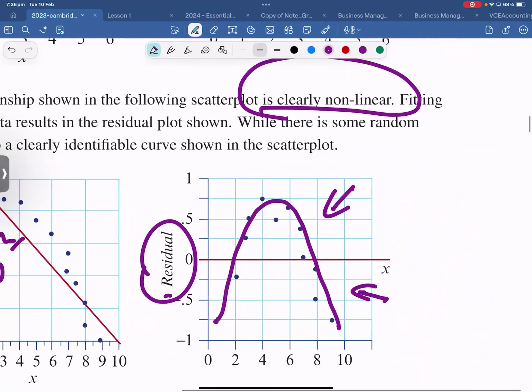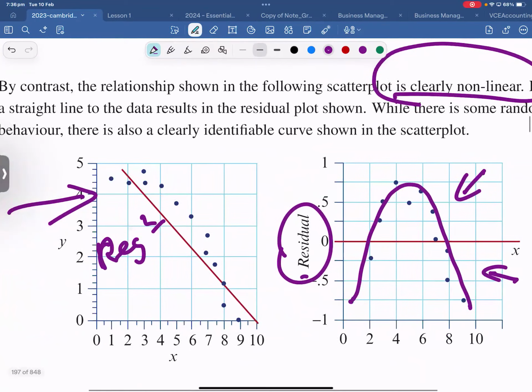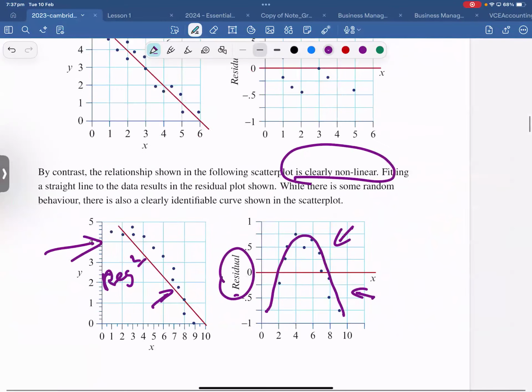That means if we find a clear pattern, it's non-linear. The regression line is not going to be linear. It will be non-linear. Okay, that's the thing.